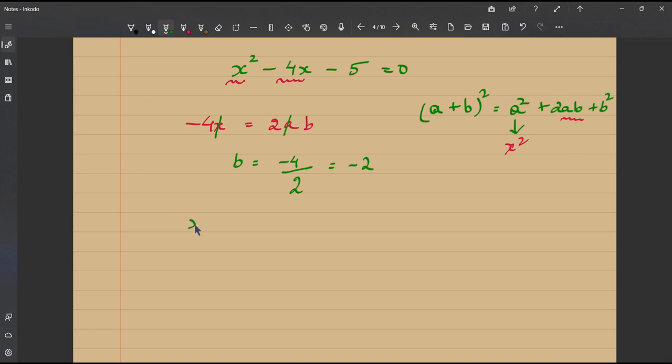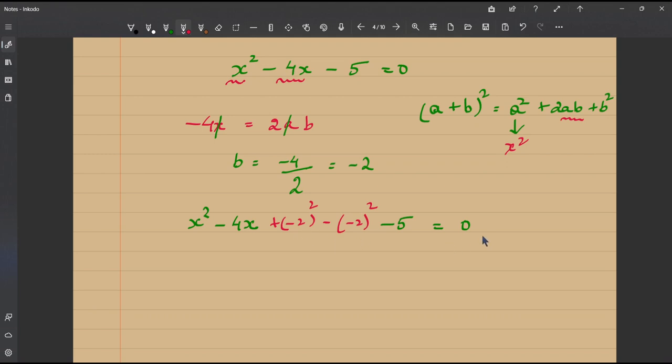Like I'll just do it and show you. We already have this equation x squared minus 4x, and I leave a little space here. Minus 5 is equal to 0. Now in this space which I have left, I'm going to add minus 2 the whole square, and at the same time subtract minus 2 the whole square, because I do not want to disturb the balance of the equation.